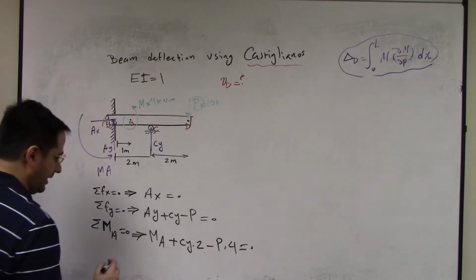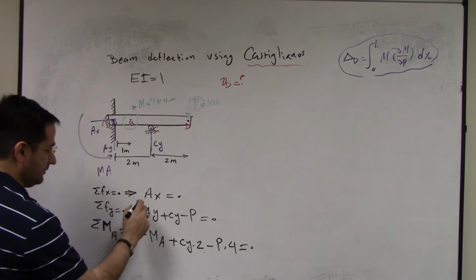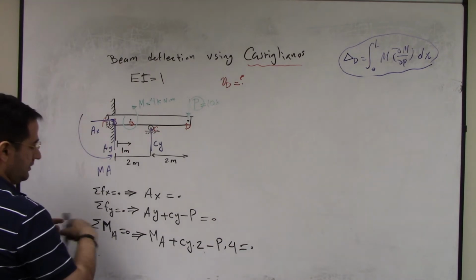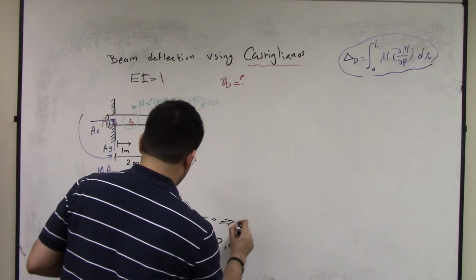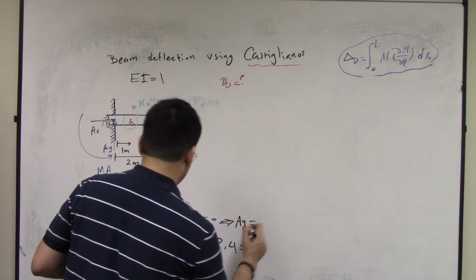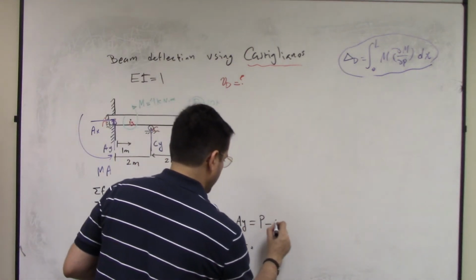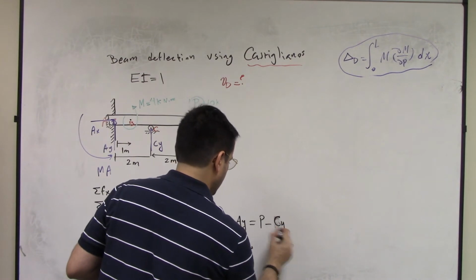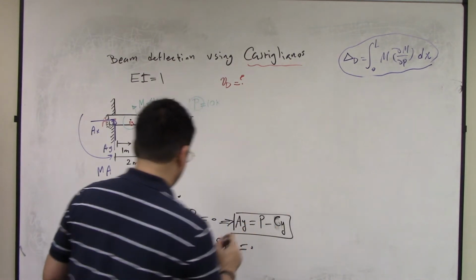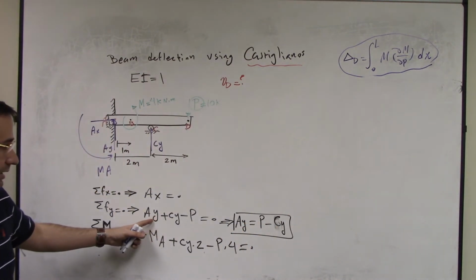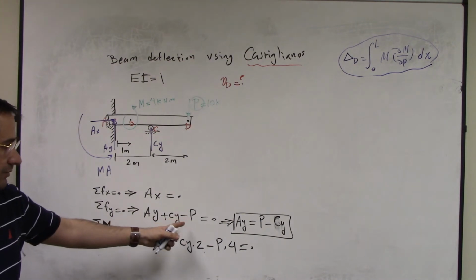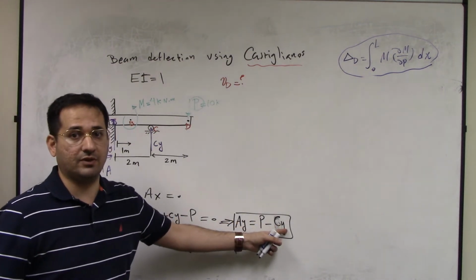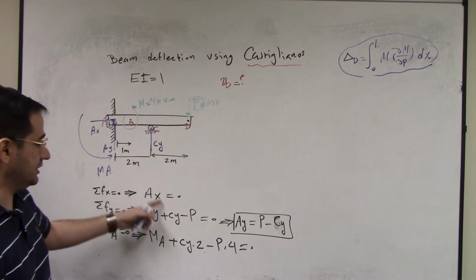So at the end, you get AY is equal to P minus CY. So for AY, one equation, one unknown. AY is equal to P minus CY. Look, we can't solve for CY because there are 4 unknowns and 3 equations.